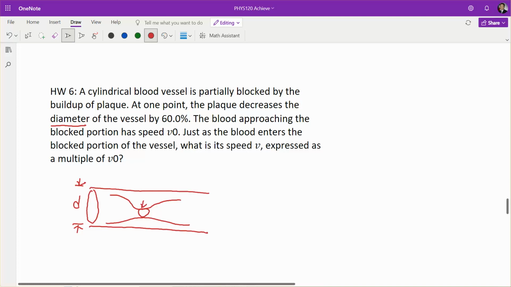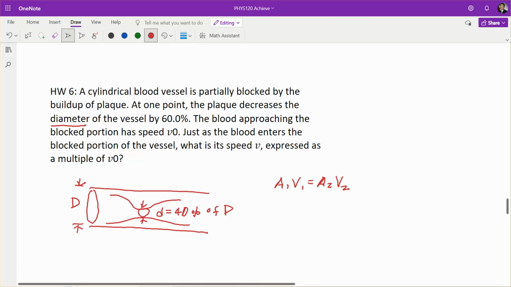So if you look at the diameter here, let me make this one a capital D. This one is the larger diameter, and this one is the smaller diameter, which is only 40% of D. Then what you need to do is use the continuity equation, A1 V1 equals A2 V2, and try to find the velocity.